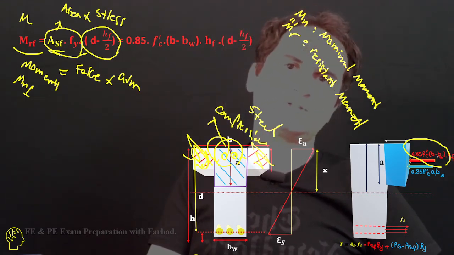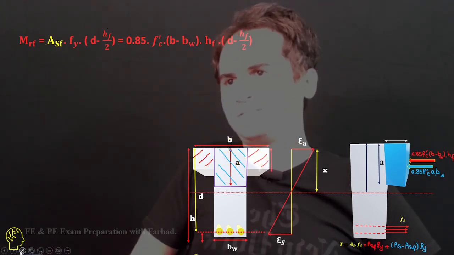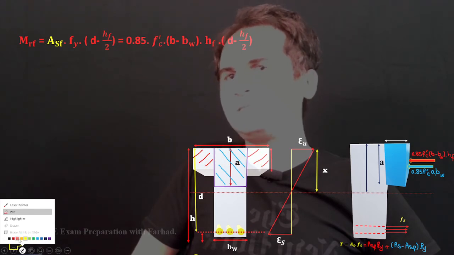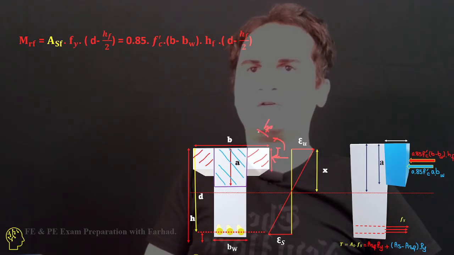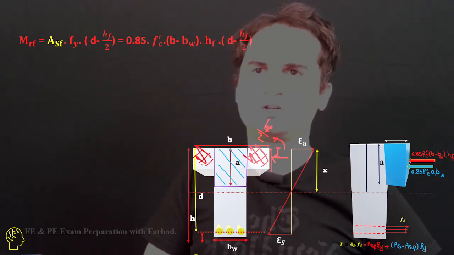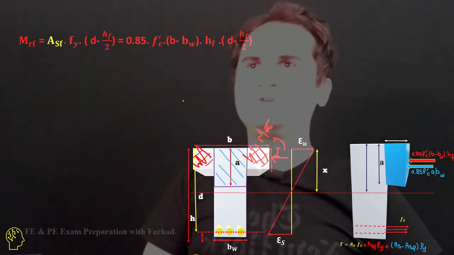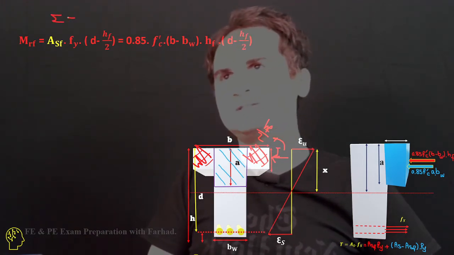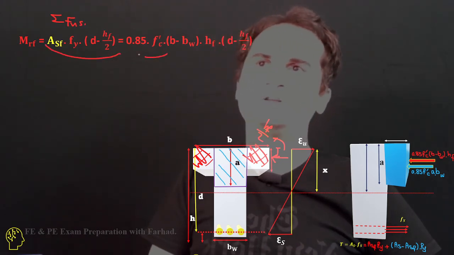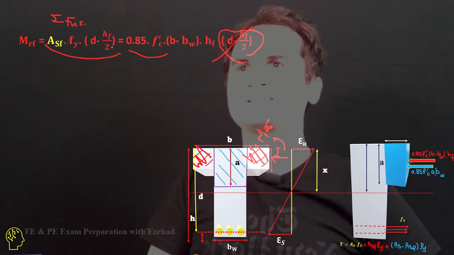That force is applied at hf over 2, because it is related to the flange. So if the section is in static equilibrium, the summation of forces in the x direction is 0. This force should be equal to this force, and their arms are the same, so you can cancel the arm.